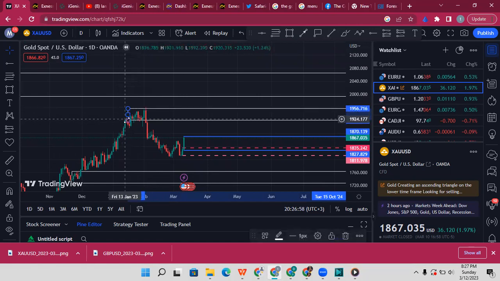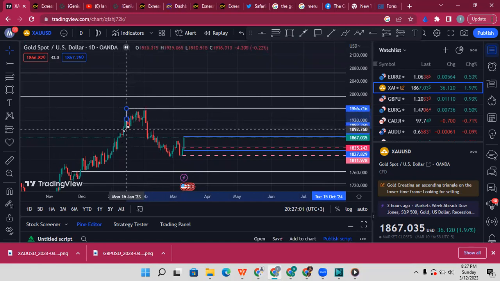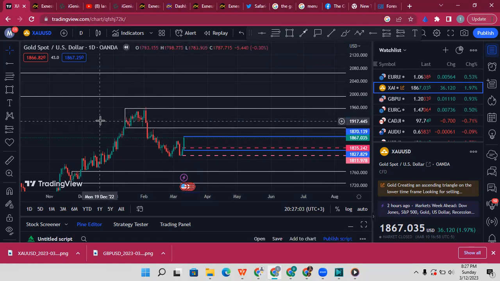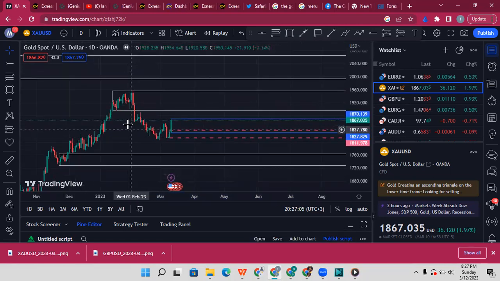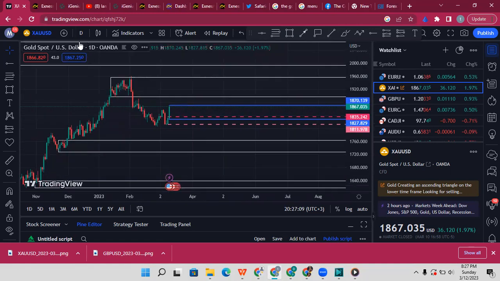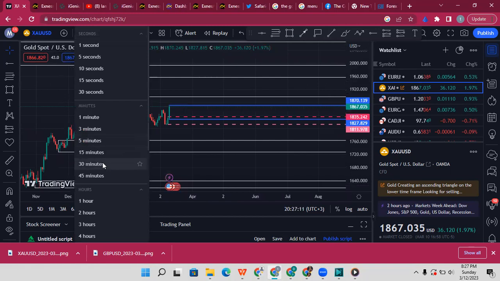This was a zone that really pushed price towards the downside. Okay, so that's the daily time frame.